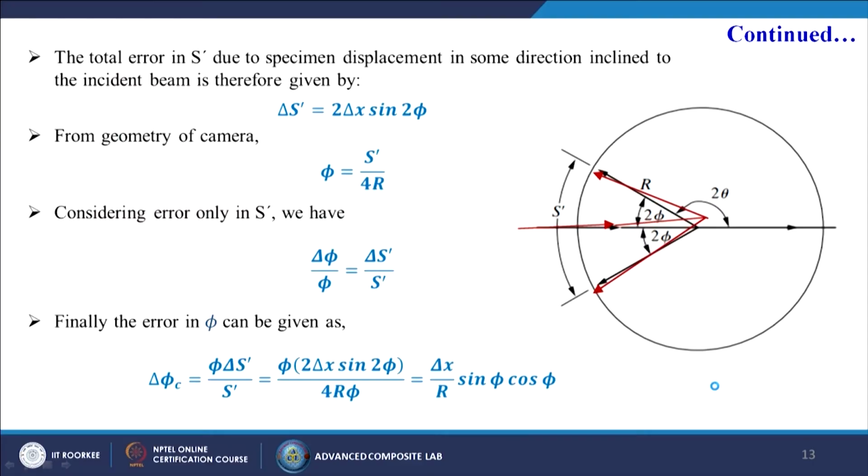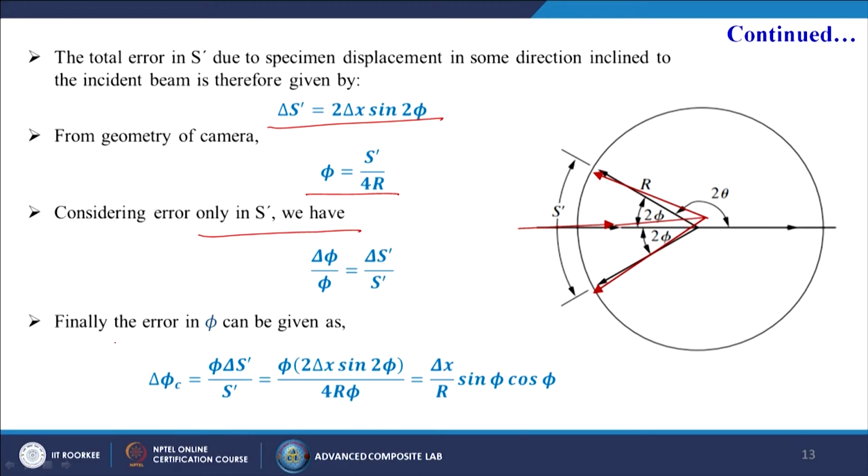So, what is the total error? The total error in S prime due to specimen displacement in some direction inclined to the incident beam is therefore given by del S prime is equal to 2 del x sin 2 phi. From the geometry of the camera we know that phi is equal to S prime by 4 r. In this particular case we are going to calculate both the errors. Considering error in only S prime, we have del phi by phi is equal to del S prime by S prime.